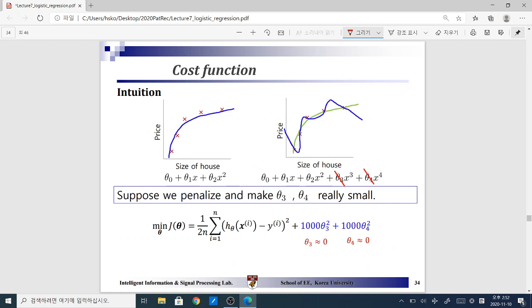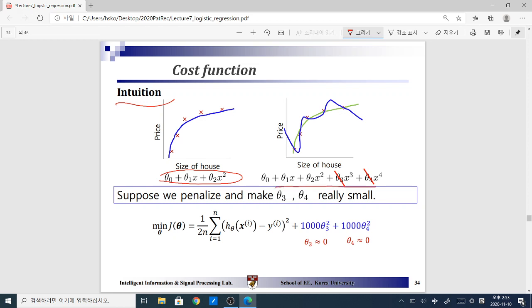Furthermore, let's talk about the intuition of what is meant by a very small size of the parameter. For example, you have two cases, right? This one is the one with just about the right number of parameters.